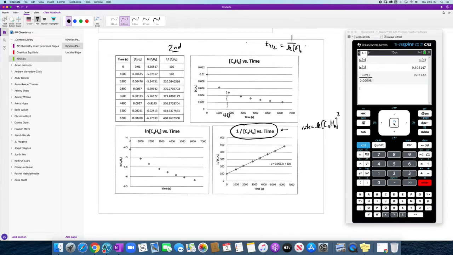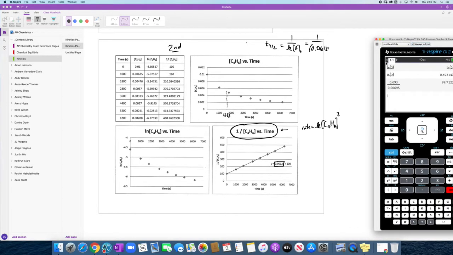So 1 divided by, what's the rate constant here? Well, we can figure out the rate constant. There it is right there. It's the slope of the linear plot, 0.0612. And in terms of units for k, we could figure those out as well. Remember, rate has the unit of molarity per second.